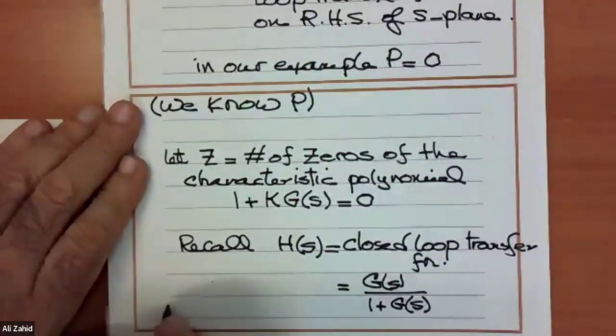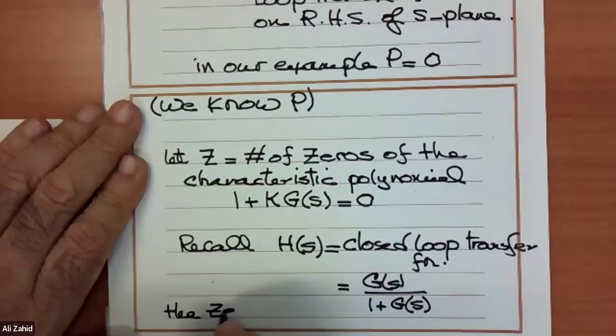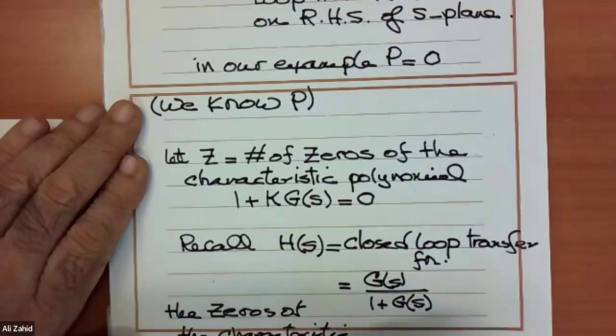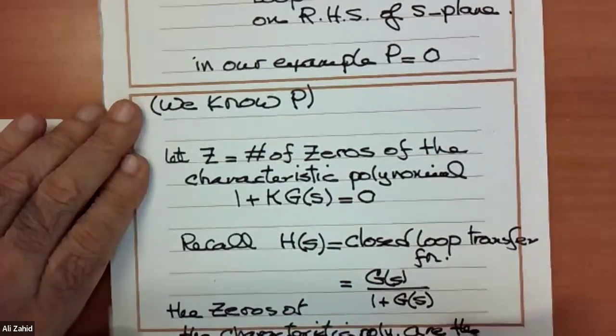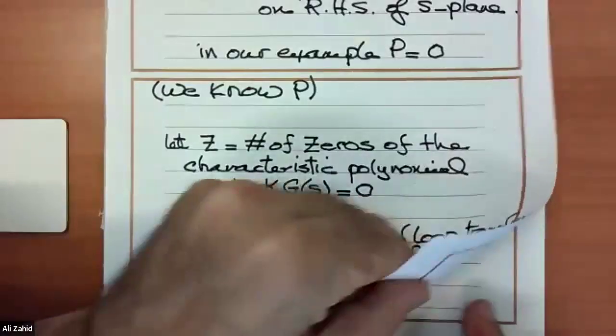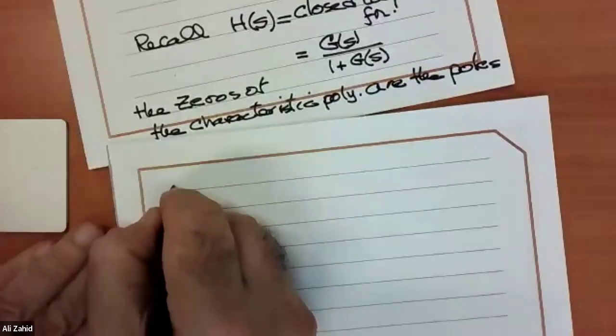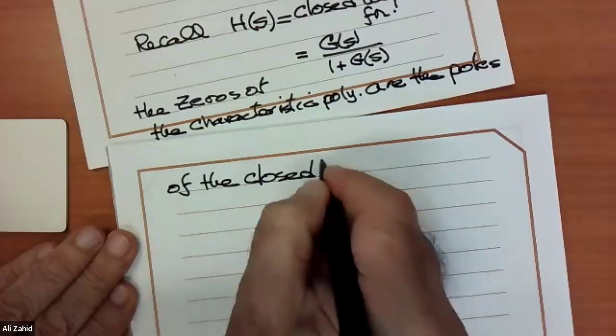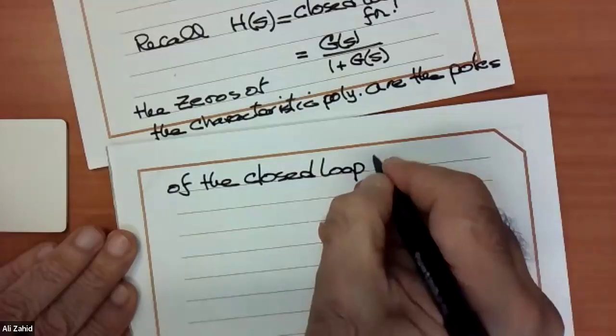Okay. So the zeros of the characteristic polynomial are the poles of your closed loop transfer function.